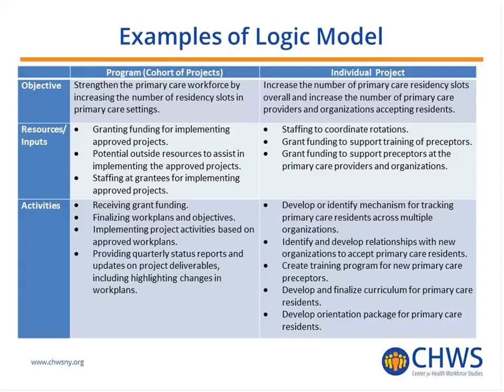And as you can see, I worked my way through the logic model for both. So in the first case, on the program side, we're looking at the primary care workforce and increasing the number of residency slots. Again, it's a number of projects or a program. On the right-hand side, which is an individual project, we're looking at the same thing, but now we're looking at it individually.